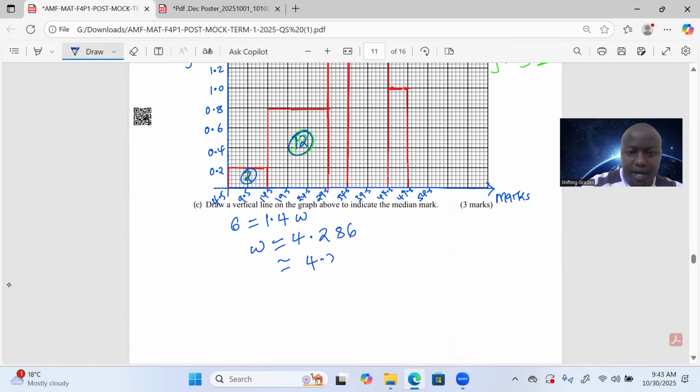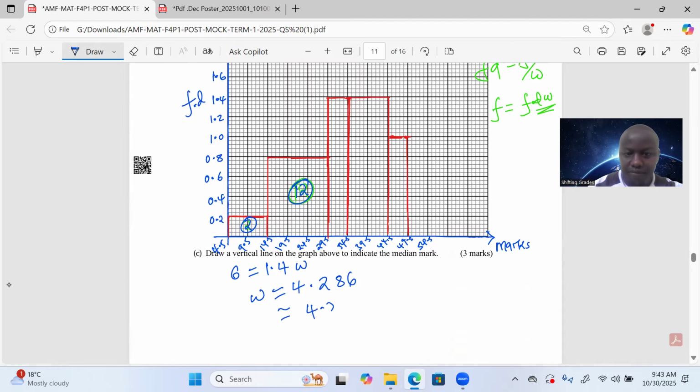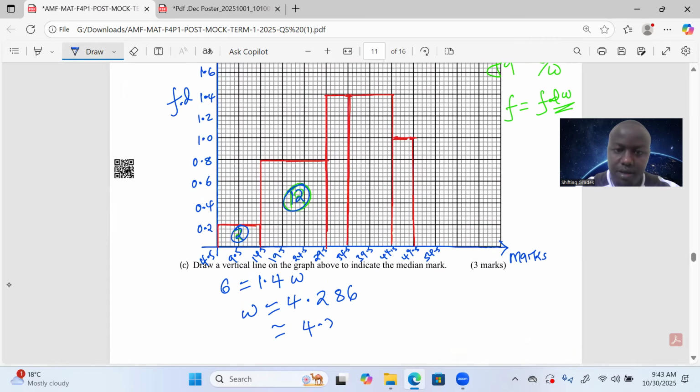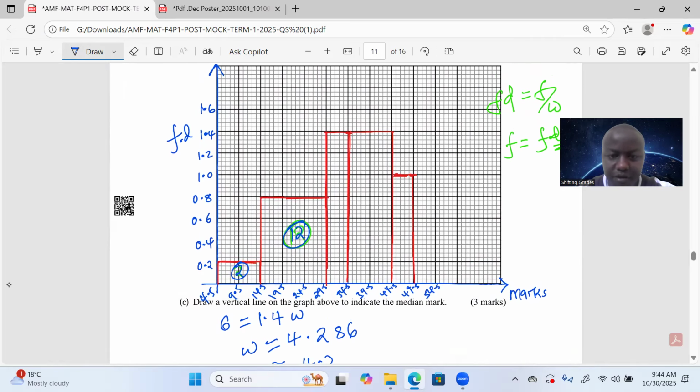So we consider adding 4.3 along this. We can count 1, 2, 3, 4, then point something, 4.3.